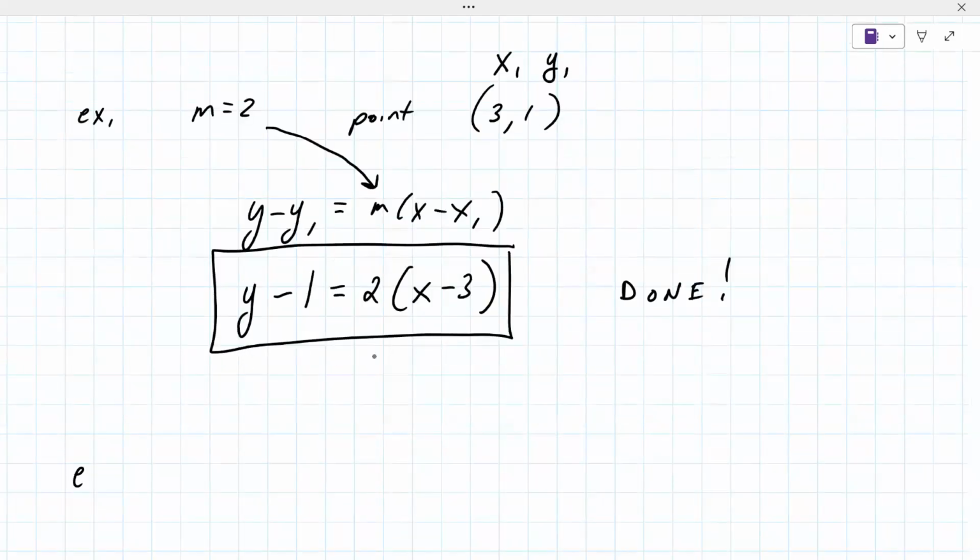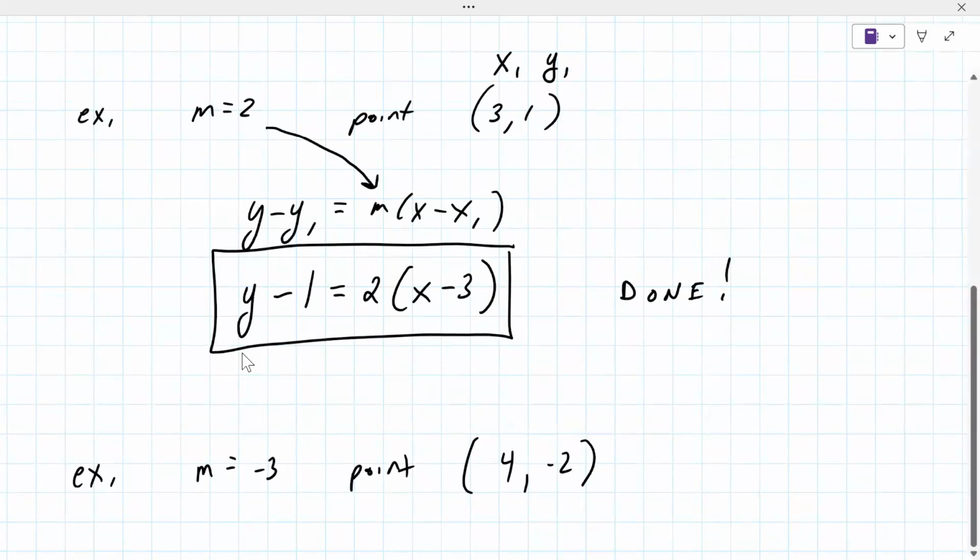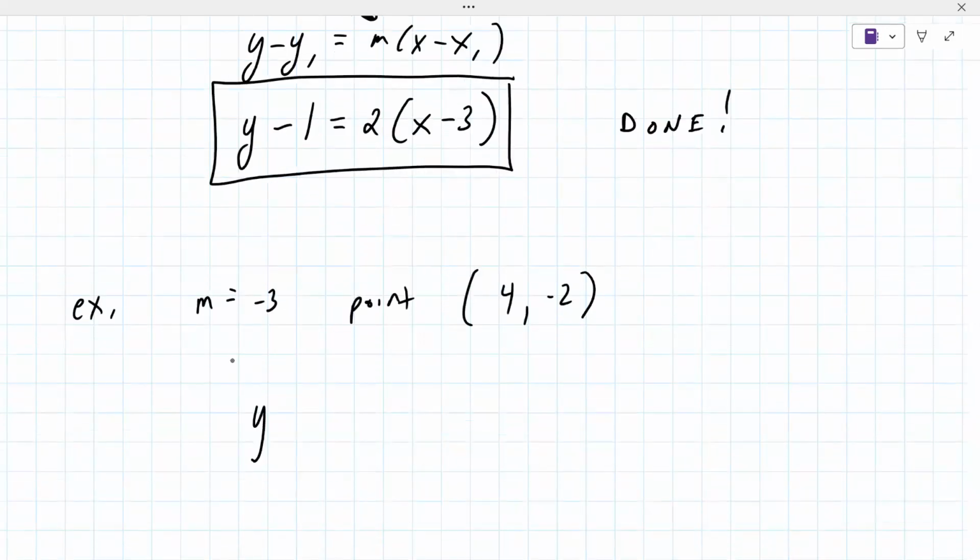You might think, well, what more can I need to see? Let's say the slope is -3, and this time the point is 4, -2. Again, always a good idea to write down this equation of a line: y minus y1 equals slope times x minus x1. And we've got x1 and y1 like that.